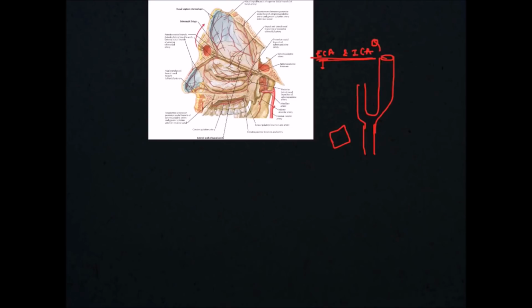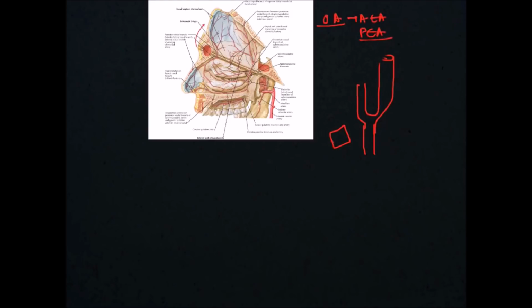Now during this passage it gives a branch named the ophthalmic artery. The ophthalmic artery gives two branches, the anterior ethmoidal artery and the posterior ethmoidal artery.